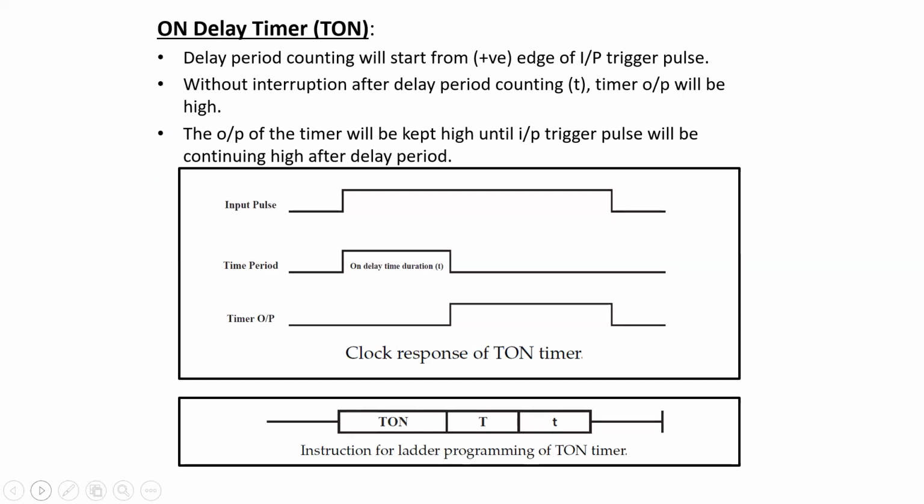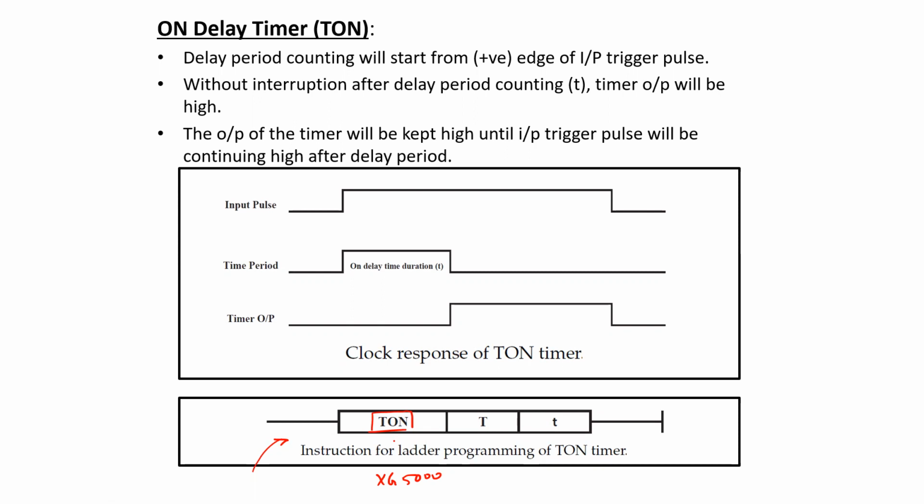Now if we discuss the on delay timer, let me first discuss a little bit about the instruction or the symbol, how it looks in the ladder diagram. So this is normally the representation in the XG5000 software, where 3 different pieces of information have to be inserted by the user. First of all, the first information designates the type of timer.